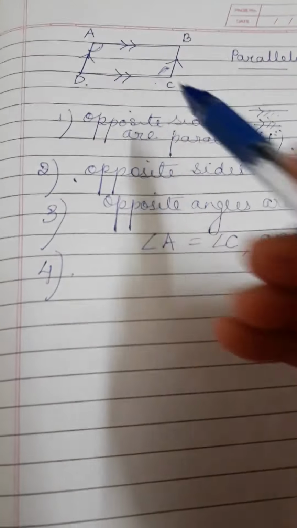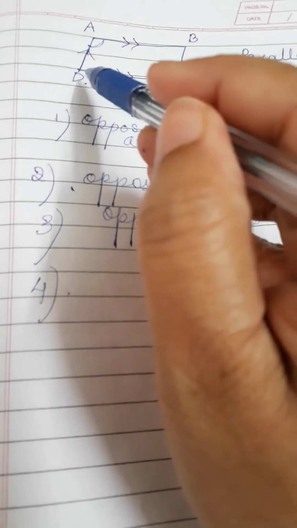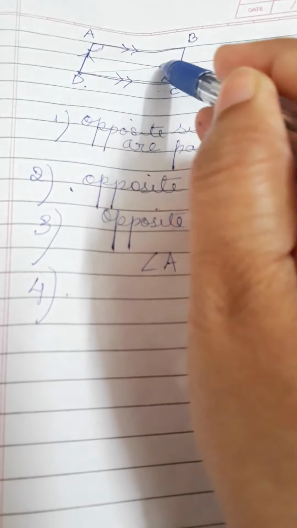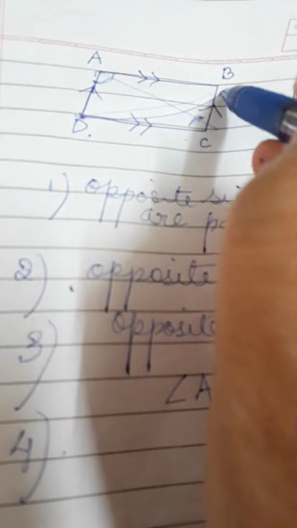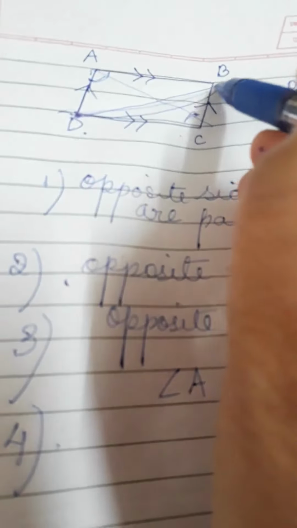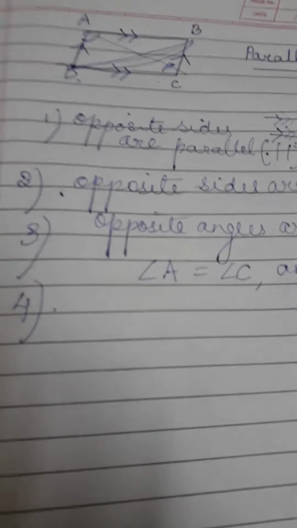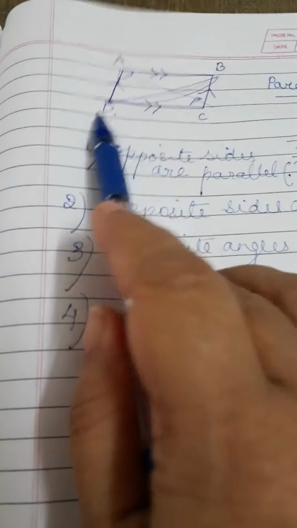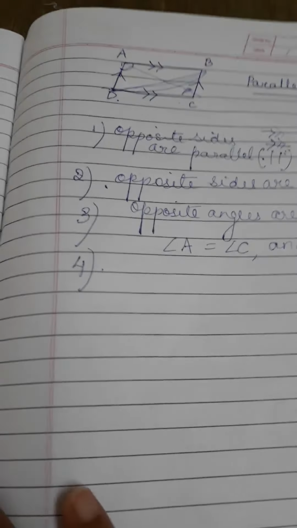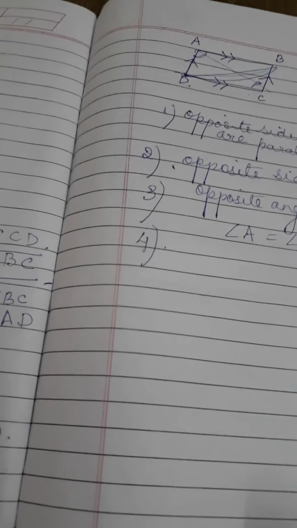Okay. The next thing is, these are the diagonals. Let me draw it first. AC and DB. Sorry, it should be a straight line. They are the diagonals. Fine. AC and DB are the two diagonals of this parallelogram.